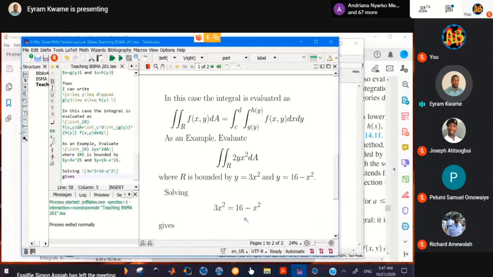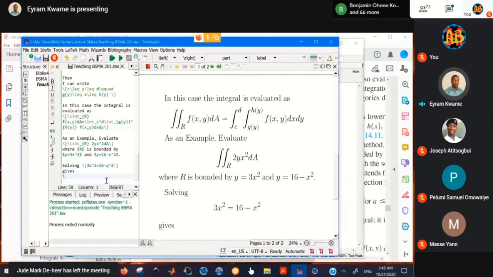So what do I get? Right from this equation, this is equal to that. I want to find a point of intersection. When I move the x squared here, it becomes 4x squared, right? So 4x squared is equal to 16.